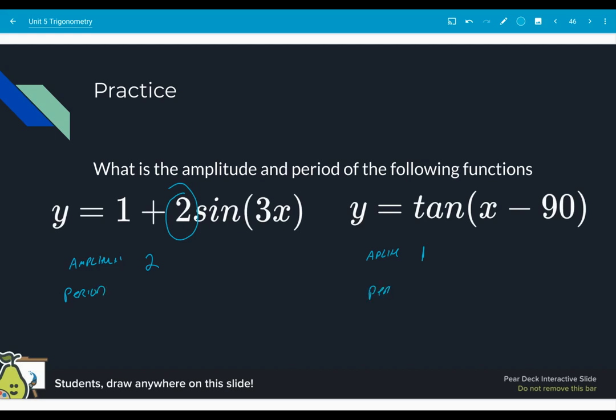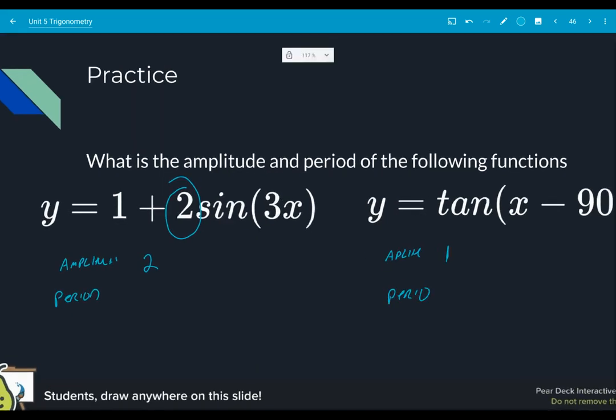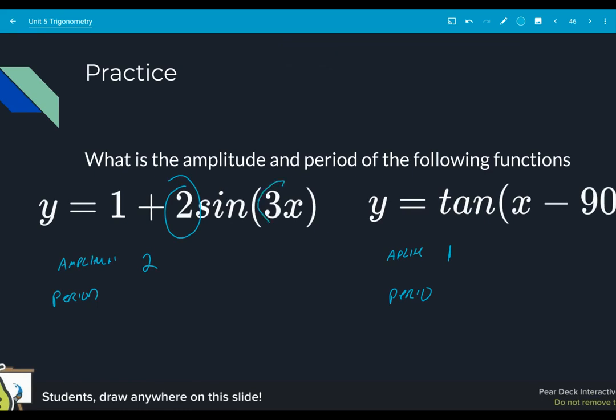And then the period for these, we're looking for b, which is in front of our x. So our period is going to be 2 pi over 3. And our period in this case is going to be pi or 180 because it is 1x.